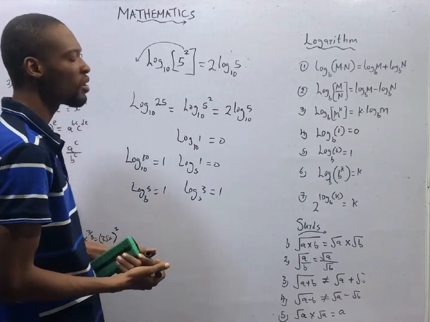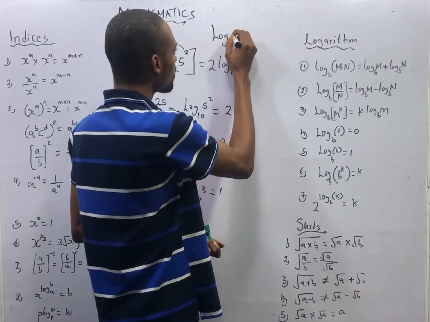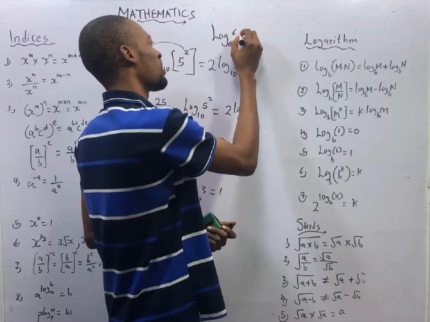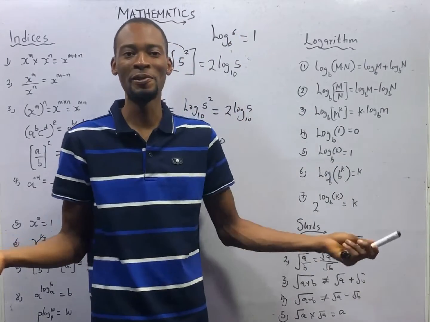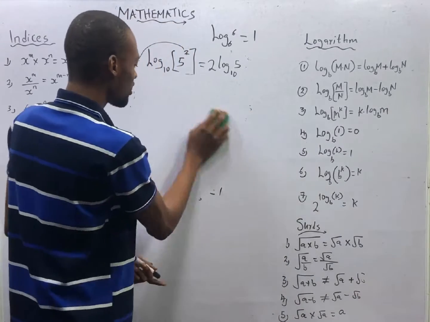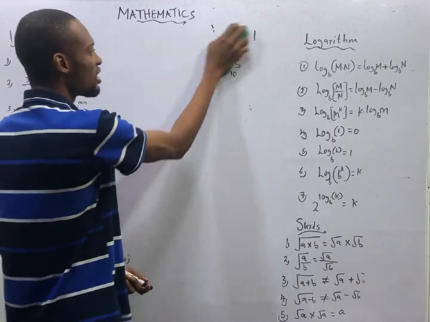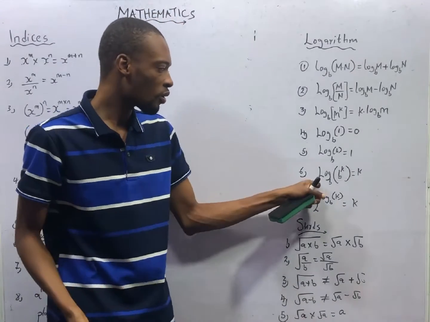So in the question or in the equation, if I have something like log 6 base 6, I can just simply change this to 1 and start solving. Life gets so easy.